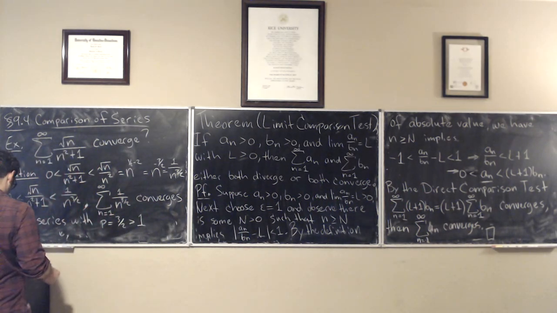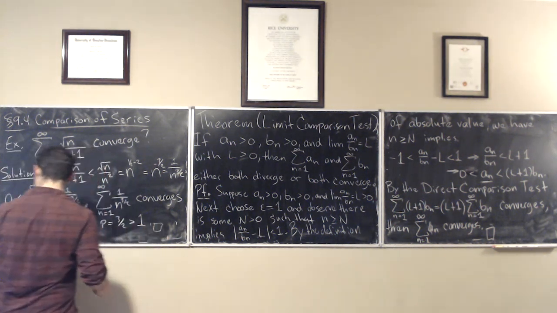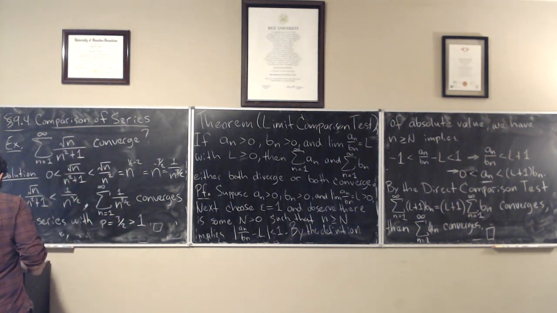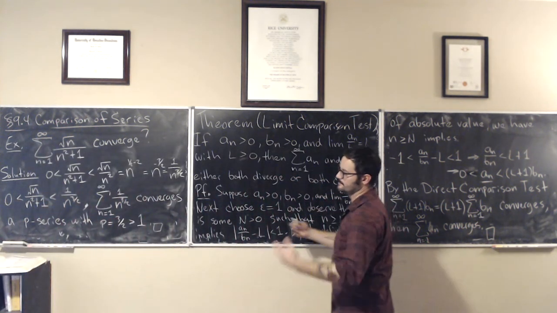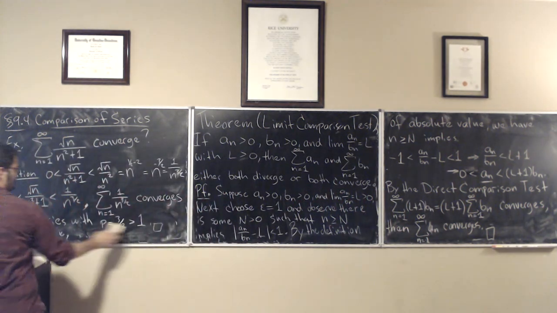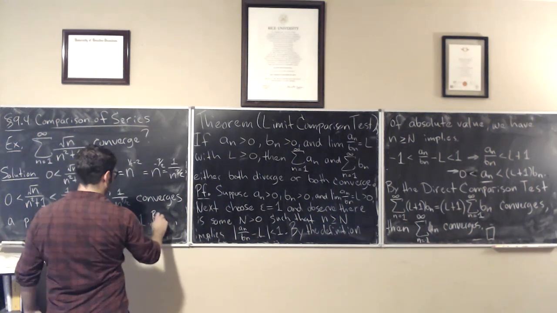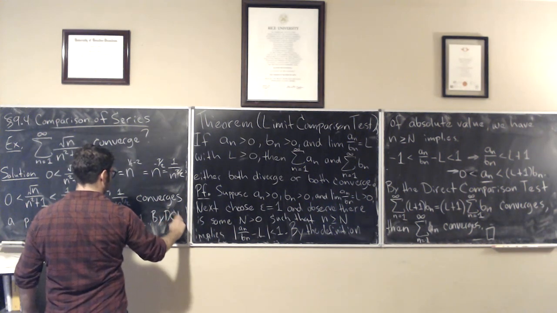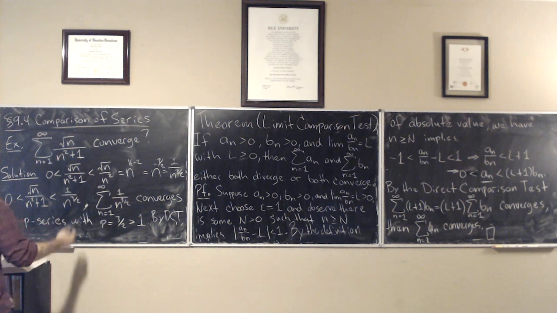Yeah, no, it's done. I don't know why they use that. In fact, I think many times you can actually disregard the limit comparison test and just use the direct comparison test. So by the direct comparison test, that also converges.